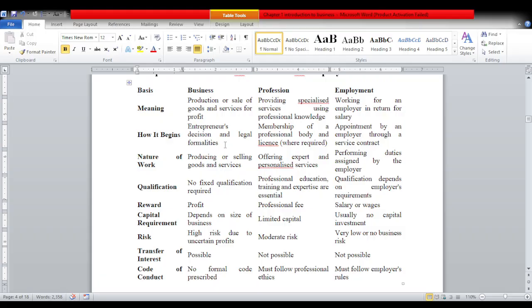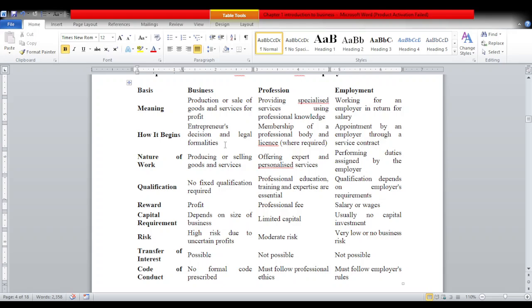Now, nature of the work: producing and selling goods and services is definitely a business activity. Offering expert and personalized services, CA and CS provide their expert and personalized services to the client and the customer. And employment is performing duties assigned by the employer.